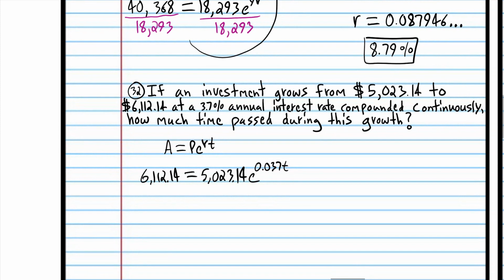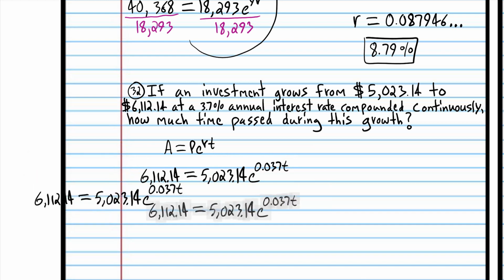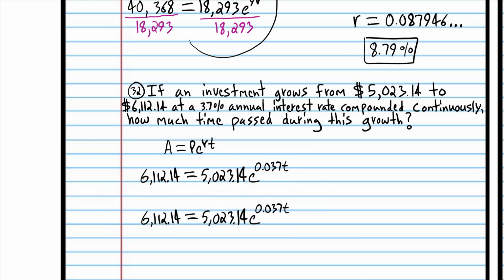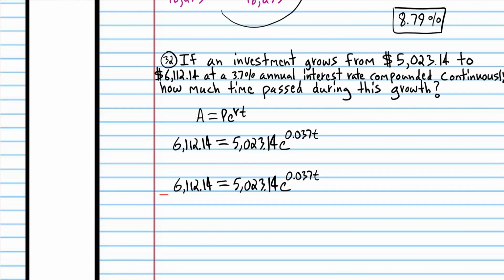So this is an exponential equation, and we need to isolate the exponential expression. So we're going to divide both sides by 5023.14. Let me copy all this. So I'm going to divide both sides by 5023.14.